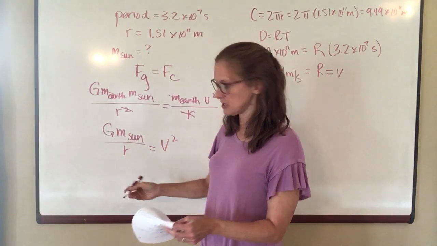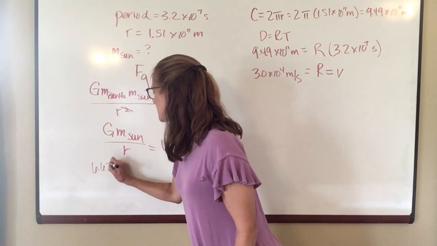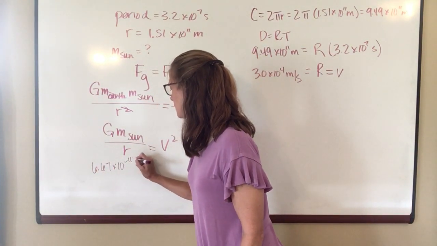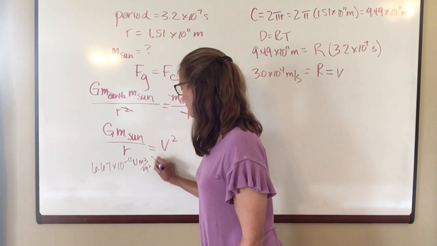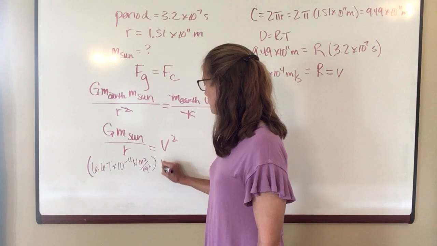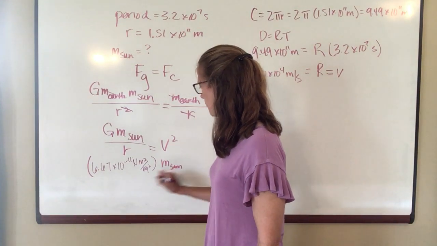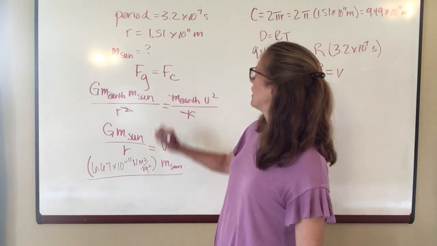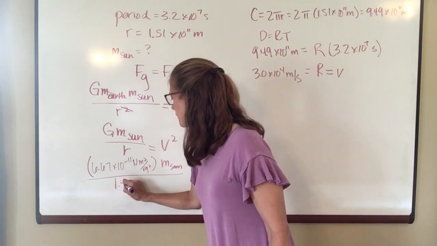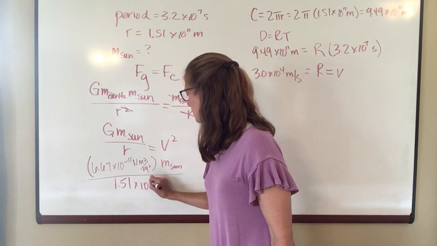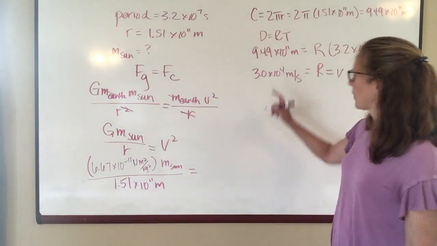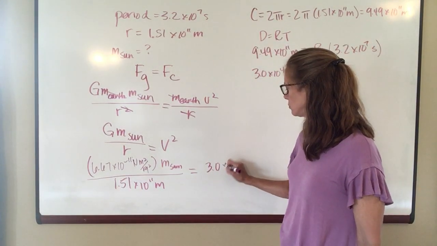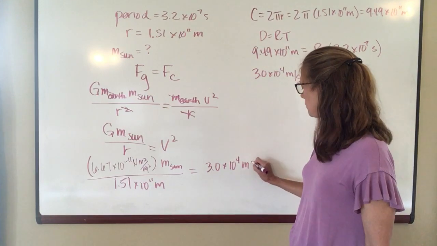So I have the gravitational constant, 6.67 times 10 to the minus 11th, Newton meters squared over kilogram squared. Those are really funky units. Mass of the sun is what I'm trying to find out. The distance, 1.51 times 10 to the 11th meters, equals v squared, which is going to be 3.0 times 10 to the 4th meters per second.